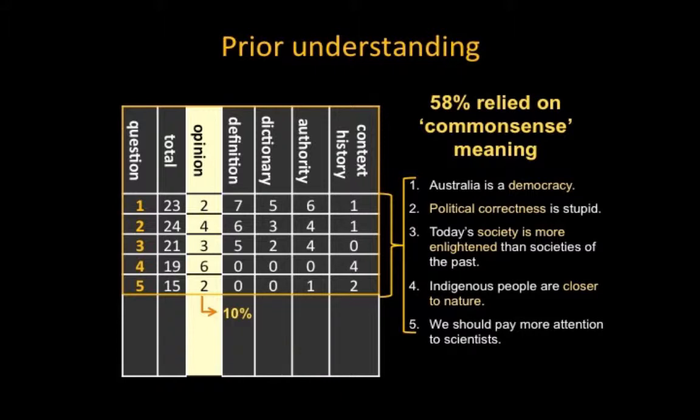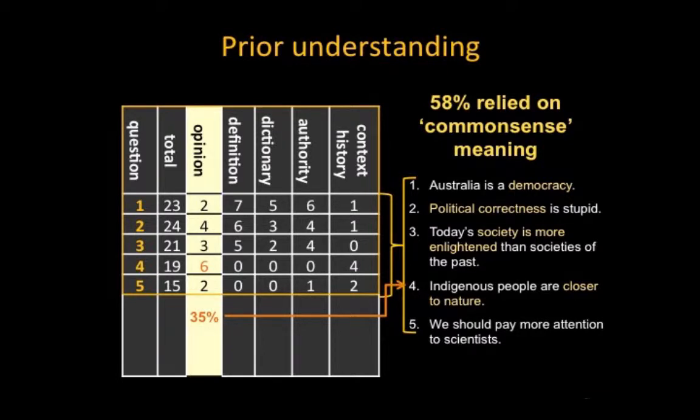So 18% of essays relied on authorities, but mostly not from sociology. And 69% of those who relied on authority relied on dictionaries. Those who used opinion, 10% gave their own definition. So they gave definitions. They realised they needed to give definitions, but they didn't provide any basis for it.